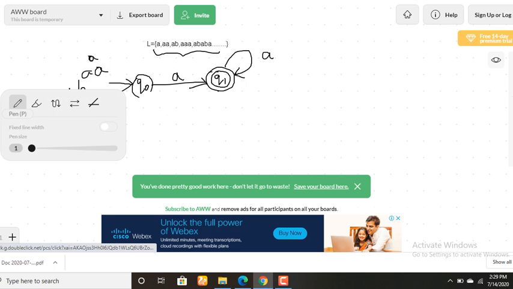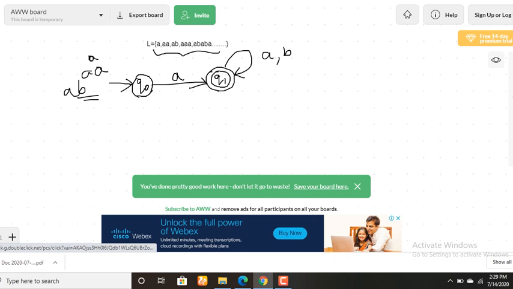For B, it also goes into a self loop. Once again, check your DFA: for A, it will move to your final state. For AA, it will move to the final state. AAA, the final state. ABABA, ABABA, yes.